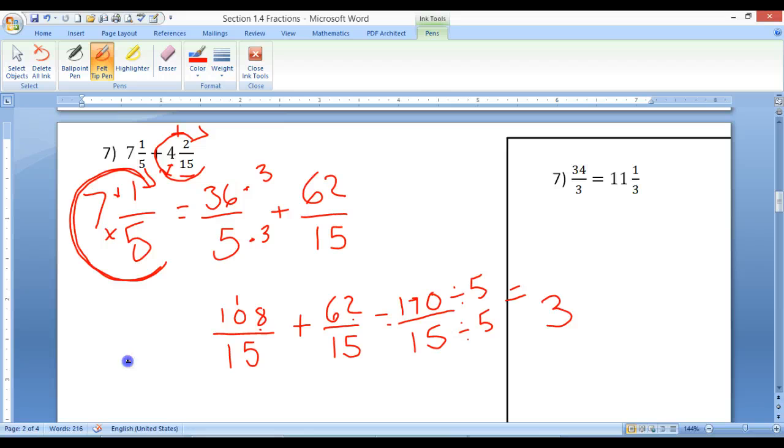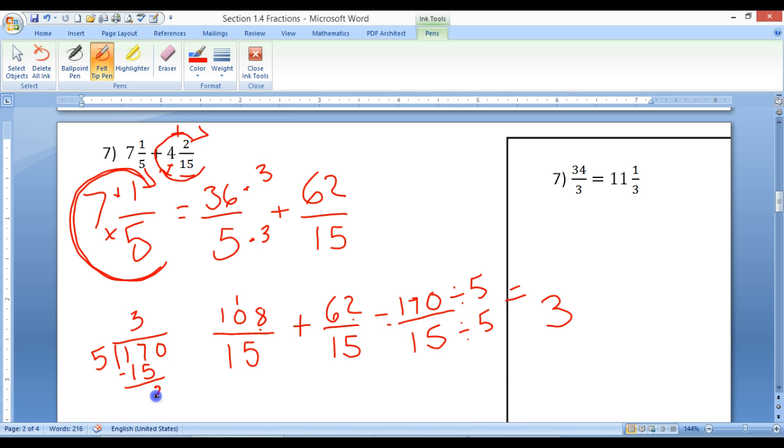So I need 170 divided by 5. Okay, 5 will not go into 1, so I need 5 to go into 17. I know 5 times 3 is 15.